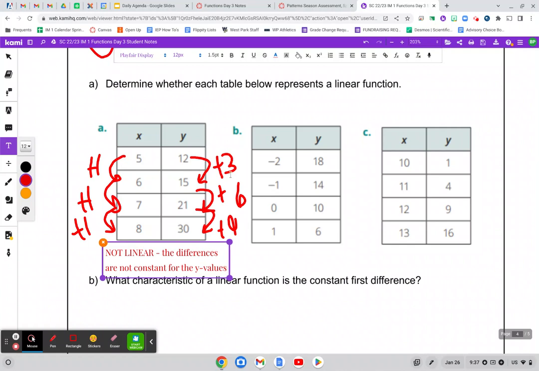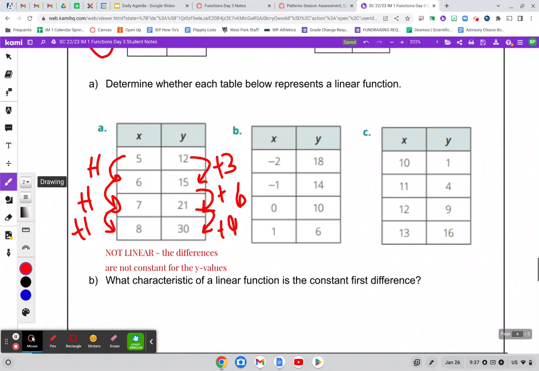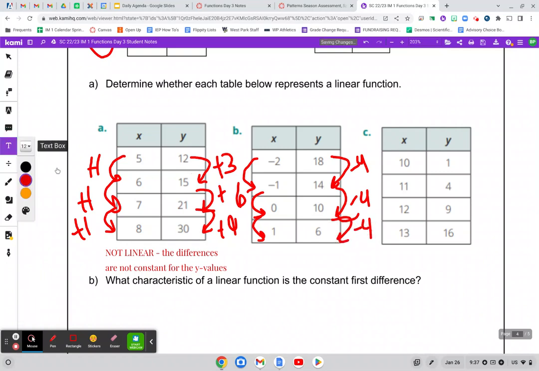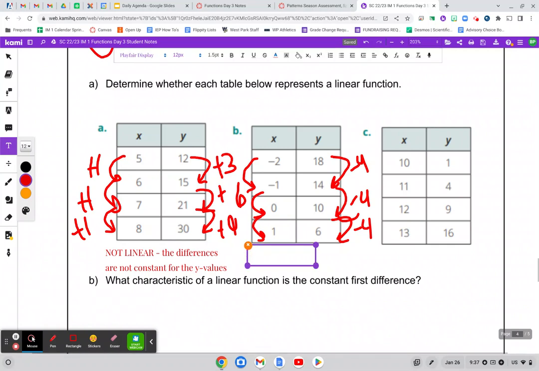Okay, let's check the next one here. On B, it looks like we're adding 1, adding 1, adding 1. It checks out so far. We're subtracting 4, subtracting 4, subtracting 4. This one checks out. Okay, because it's constant on both sides, this is linear.